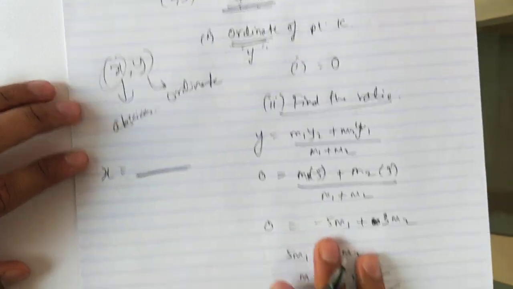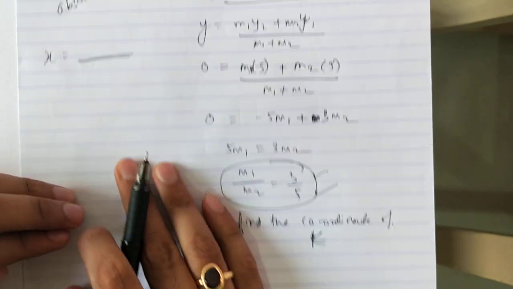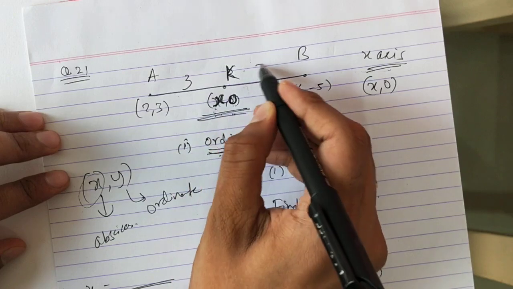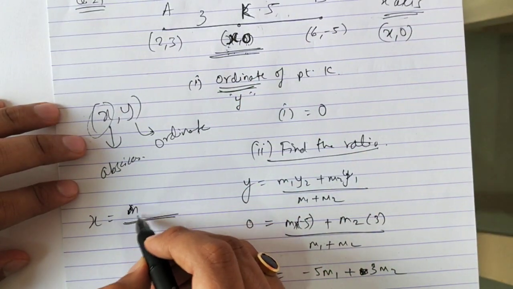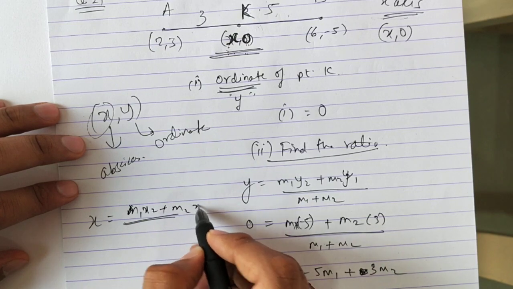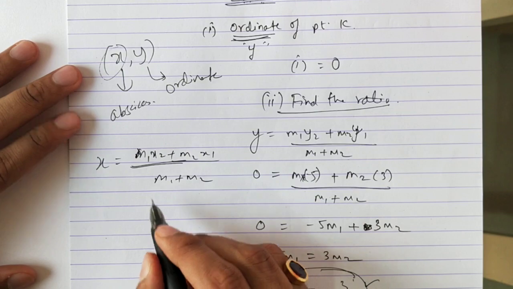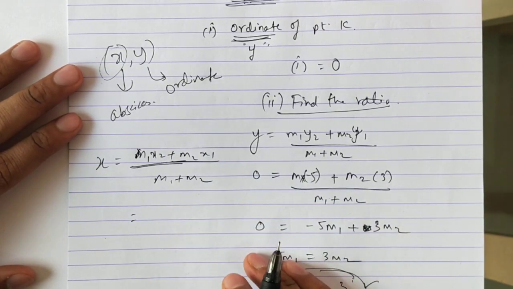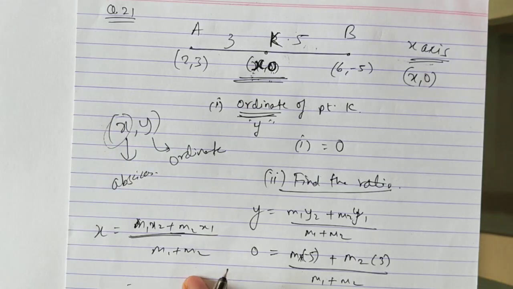I can easily find it because I know the ratio is 3:5. I'll use the formula of x, that is m1 x2 plus m2 x1 upon m1 plus m2, and I can easily find the value of x by just substituting the values.